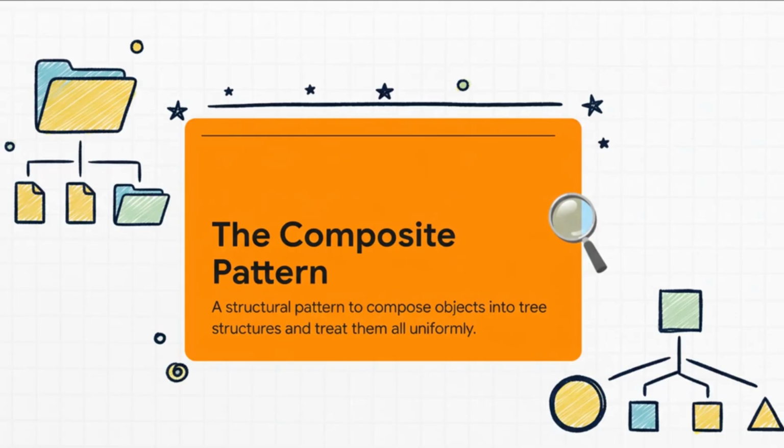And here it is. The composite pattern lets us build those tree structures, just like our file system. But, and this is the absolute key, it lets us treat the individual leaf objects, like our file, and the composite objects, like a directory, in the exact same way. It's like one interface to rule them all.